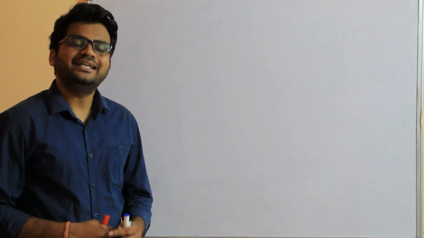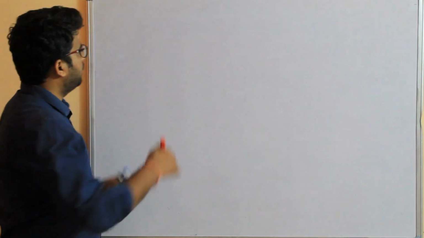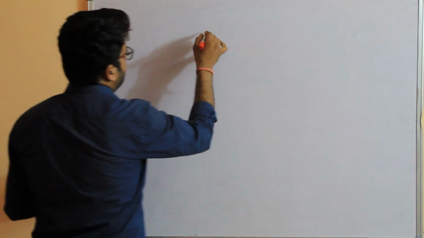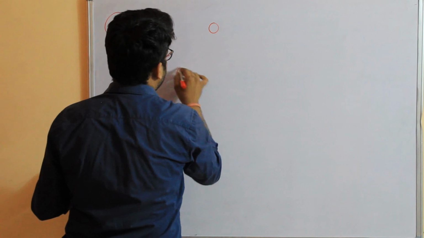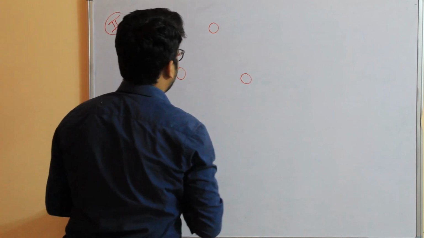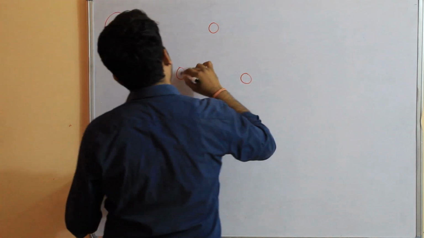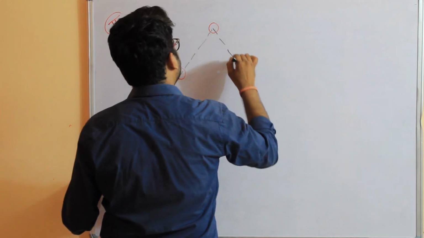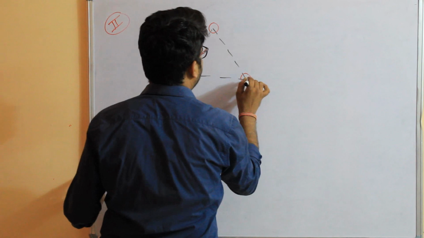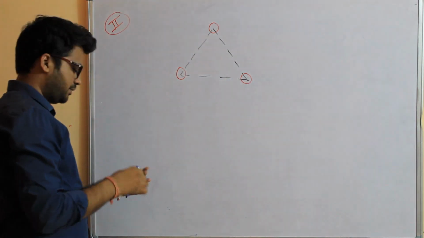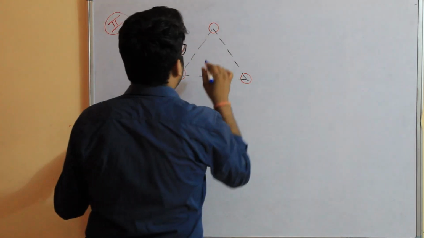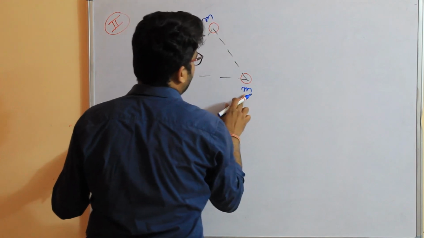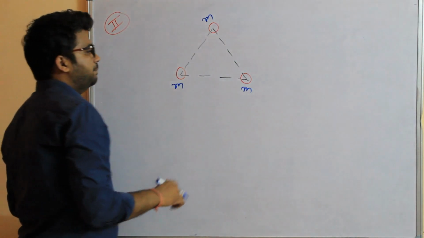So now the second model, right? Okay. Now see, we have three masses which are placed at the vertices of the equilateral triangle, right? Okay. Now what is the net force of attraction on this small m, right?